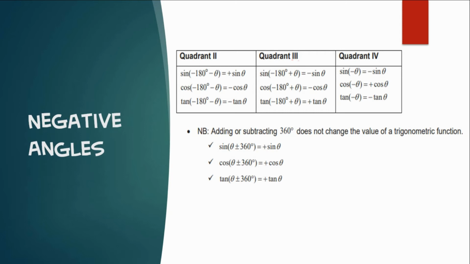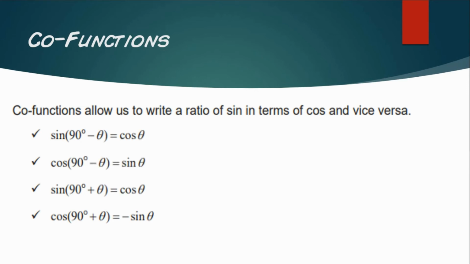So moving forward, we are moving forward now. We're going to look at the co-functions, sine and cos. These are the co-functions of sine and cos. Co-functions allow us to write ratios of sine in terms of cos and vice versa, meaning we can write cos in terms of sine.